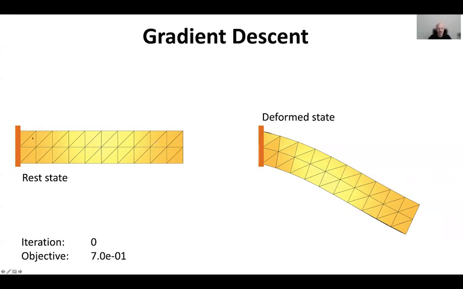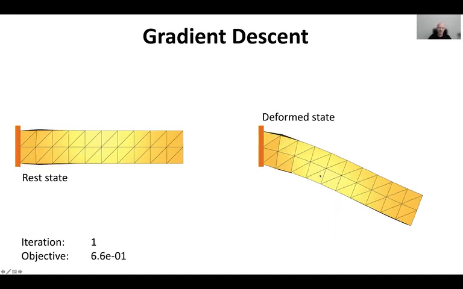Initially, if we start with a straight horizontal bar, then we're observing a deformed configuration that looks like this. And now we can take steps of gradient descent, and hopefully we're getting closer to our target shape here. We want the bar to be actually a straight horizontal configuration in its deformed state. So that's what we're trying to do.